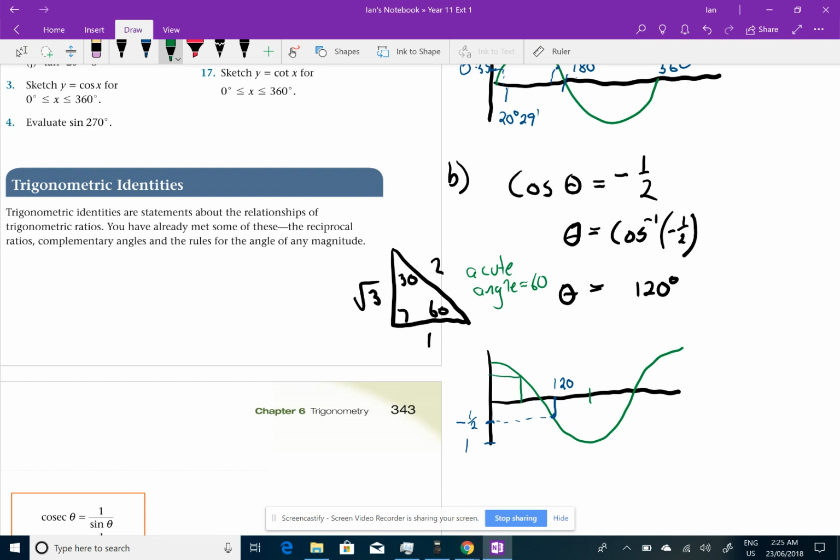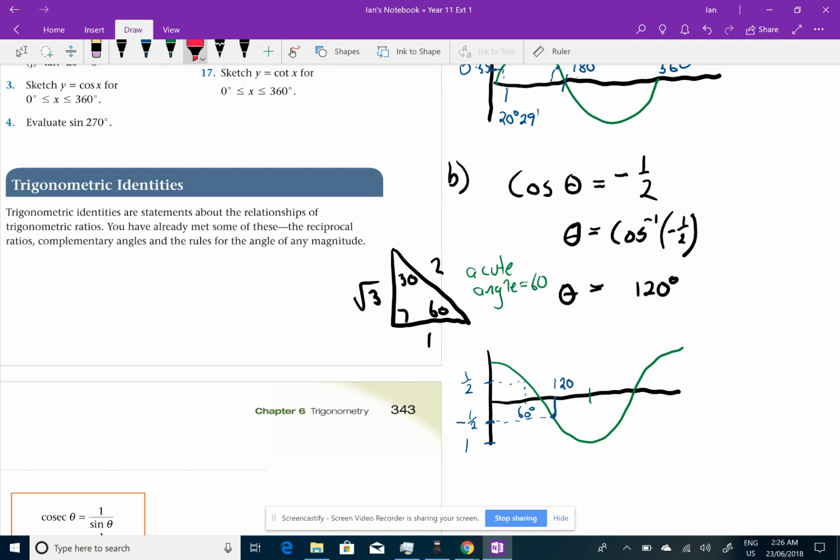That's badly drawn, so I'll just quickly fix that. Whoops. Let's undo both of those. There we go. So at positive a half, I get that, which is 60 degrees.